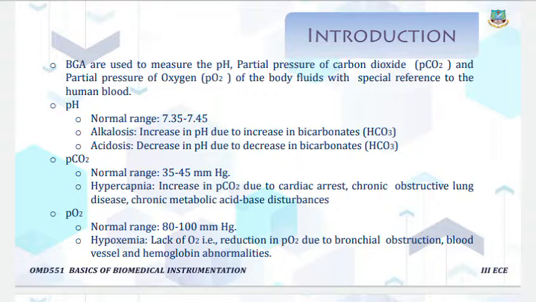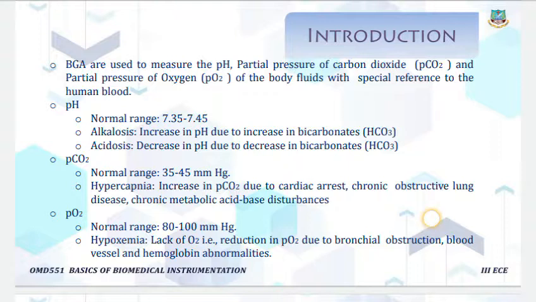So we are going to identify pH, PCO2, that is partial pressure of carbon dioxide, and PO2, that is partial pressure of oxygen in the body fluid, with reference to human blood.